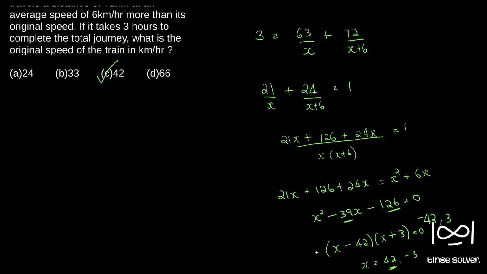So this is a little complicated. You can skip it in the exam hall if you think it is too time consuming. Otherwise, this is how you can find the speed. I hope how we split it up is clear.